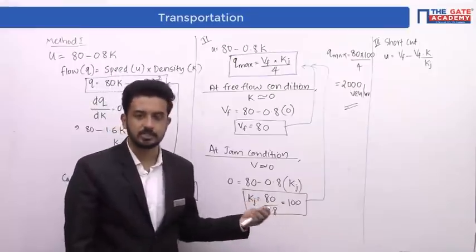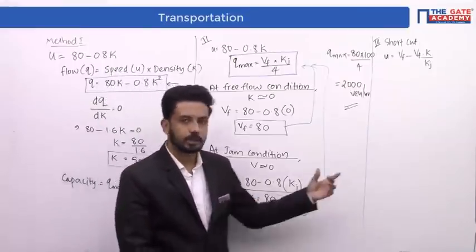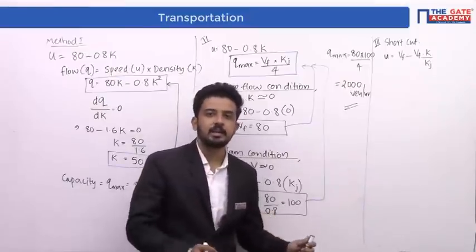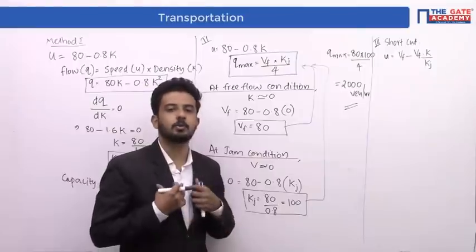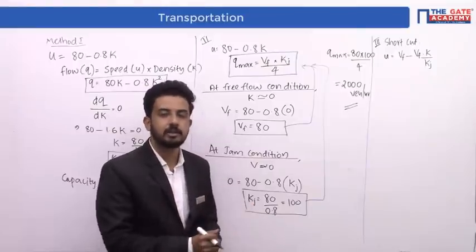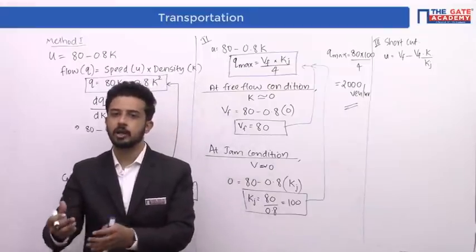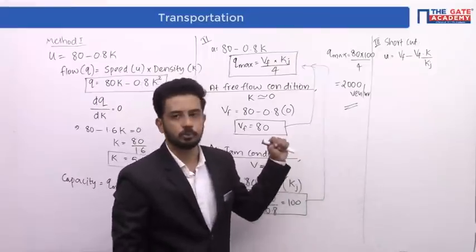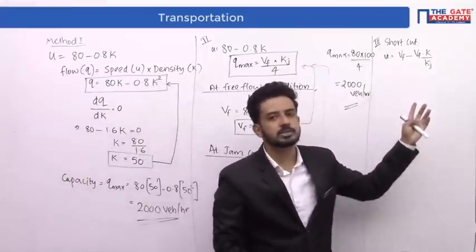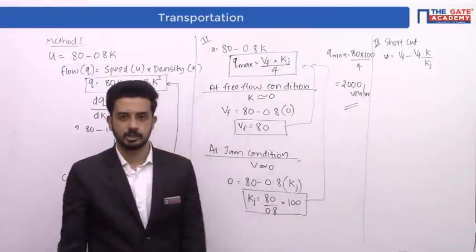Vf is the free flow speed, Kj is the jam density, K is the density at that instant. For the instant in which I want to find the average speed of the stream, what is the number of vehicles per kilometer? That is K and U. So if we use this equation, we can find out the speed at any instant.